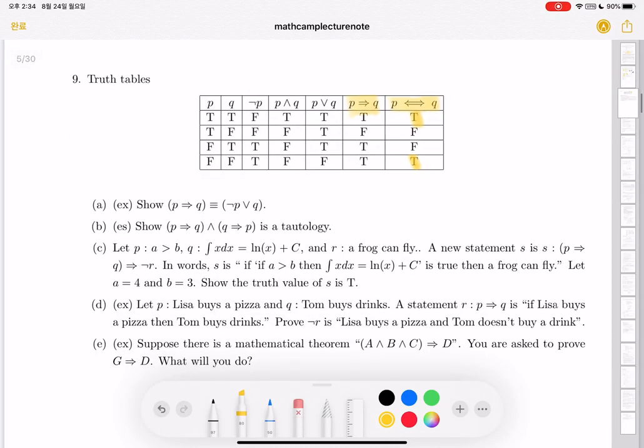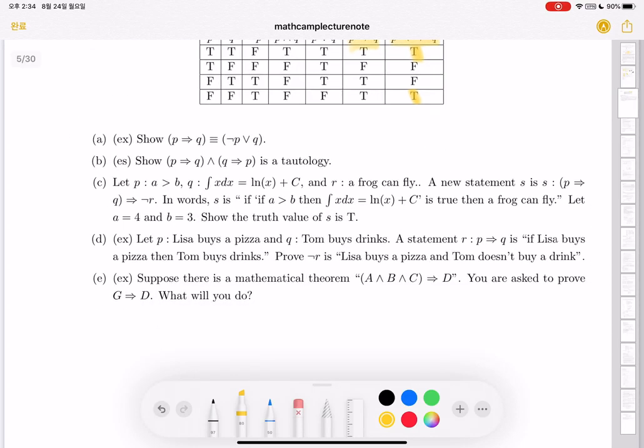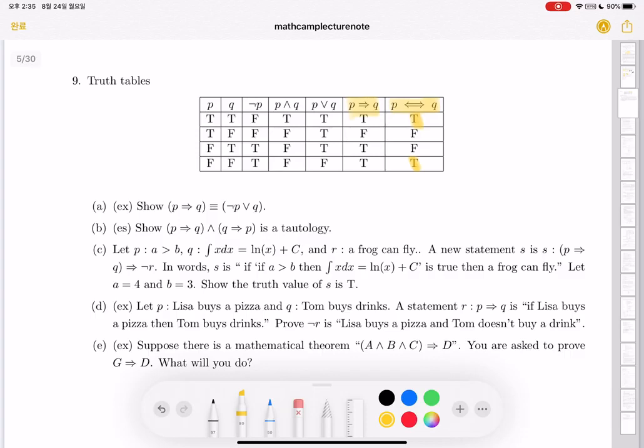Okay, so here, a statement P implies Q is logically equivalent to not P or Q. Okay, use this truth table to show that this statement always has the same truth value as this statement does. Okay.